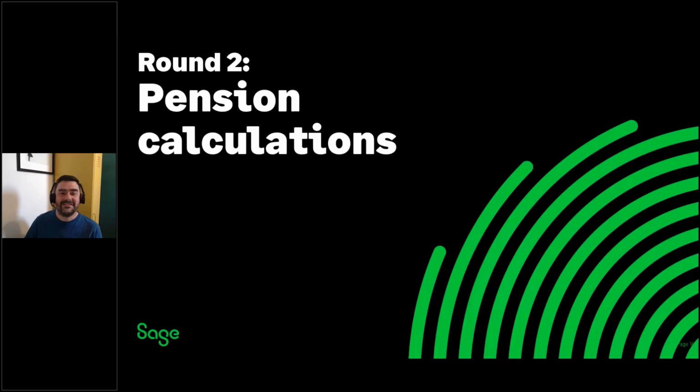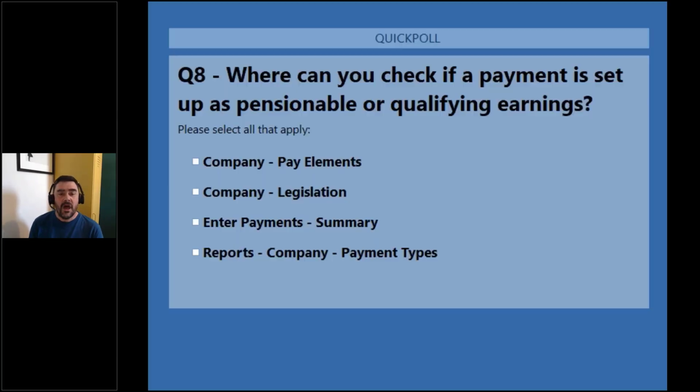Great, and that brings us on to our final question of round 2. Question number 8. Where can you check if a payment has been set up as pensionable or qualifying earnings? And this one's multi-select, so select all that apply. Can you check that setting from company and pay elements?